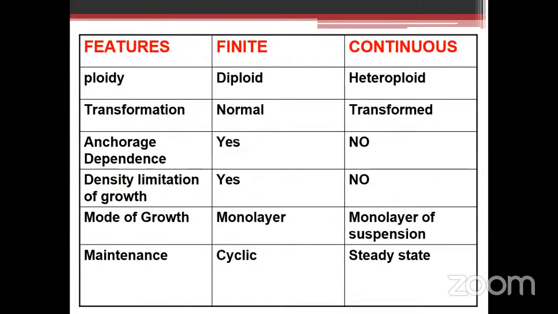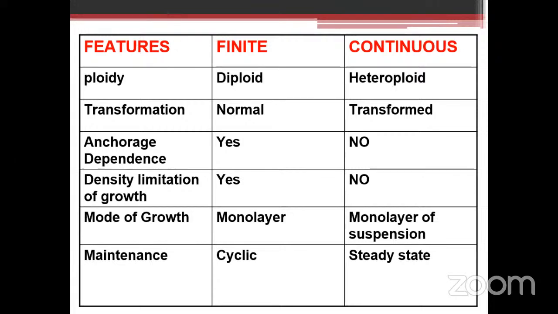So here, what are the features? What is the ploidy for continuous and finite cell lines? Finite cell lines will be diploid, and continuous will be heteroploid. Then transformation is normal in finite, but they are transformed in continuous.